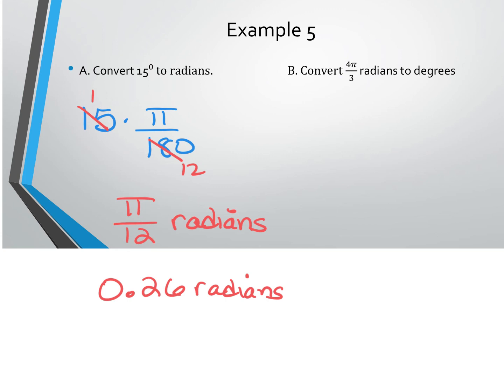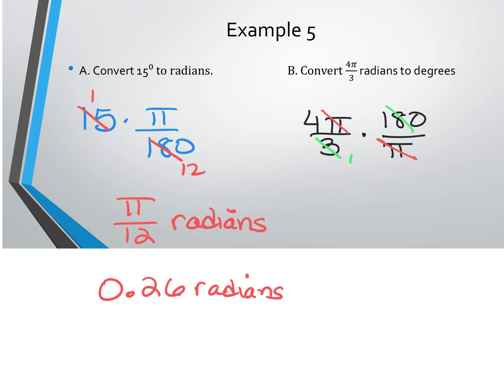Now let's convert the other way. Radians to degrees. I take the radian measure, 4 pi over 3, times this by the conversion ratio, which is 180 over pi. The pi's cancel. I can also simplify the 3 and the 180.